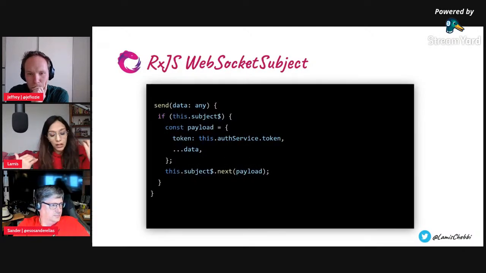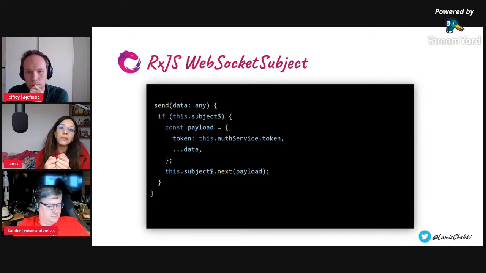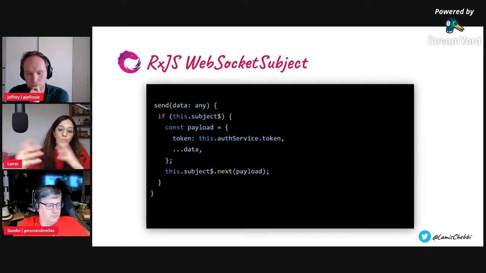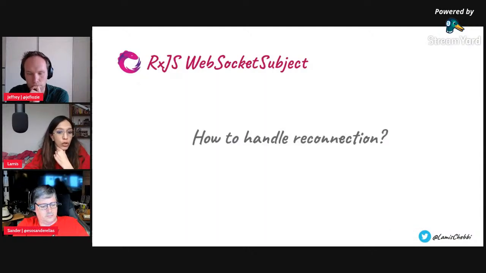The authentication mechanism can be based on tokens, and for example, here I just pass the token in my payload, and it's the responsibility of the server to validate this token and route the request to the correct user with the correct rules. So you can just pass a token and deal with it in your payload.